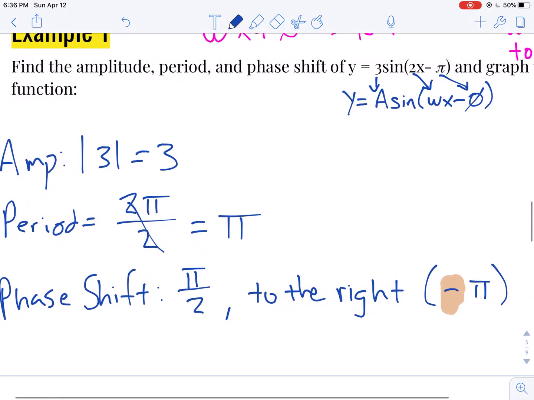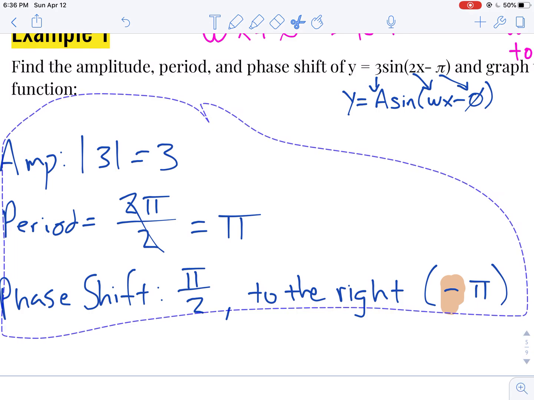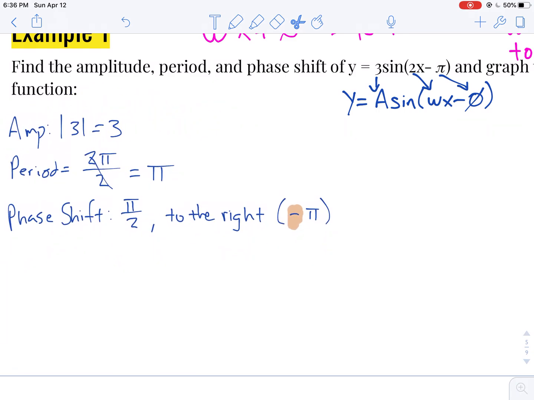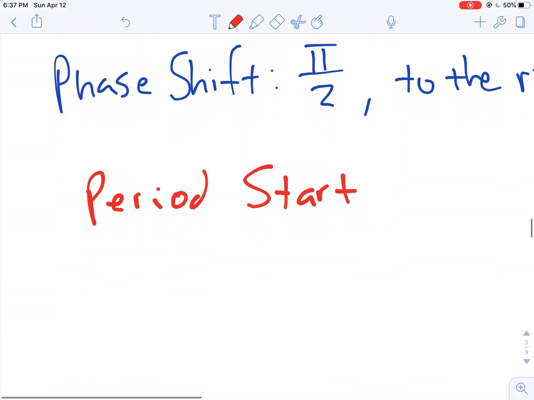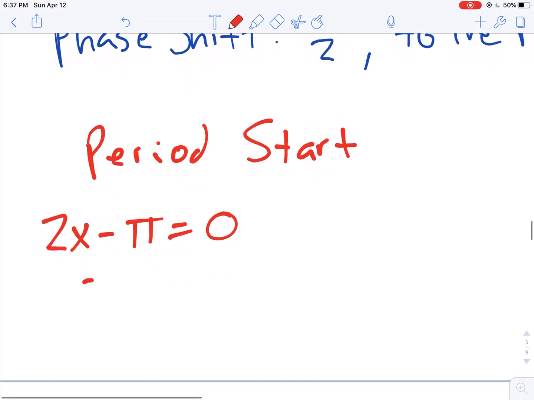So I'm going to figure out what are my starting and ending points from my period, because once I know that, my life is going to be a lot easier. Let's change my color for that. I'm going to say that my period start, I'm going to take the inside of that function. I'm going to say 2x minus pi is equal to 0. I'm going to solve for this. 2x is equal to pi. X is equal to pi over 2.